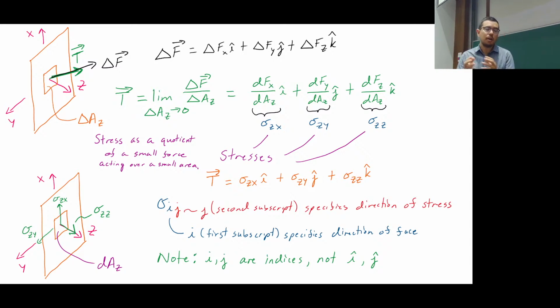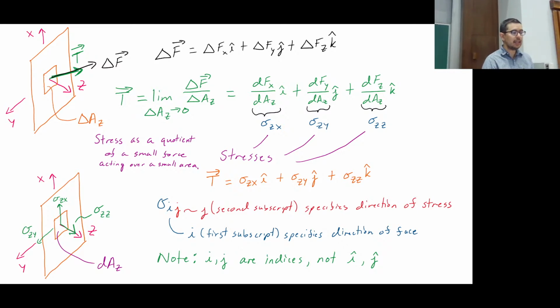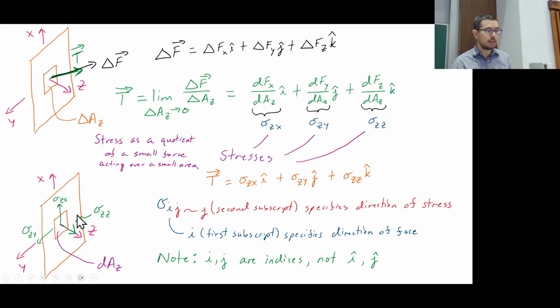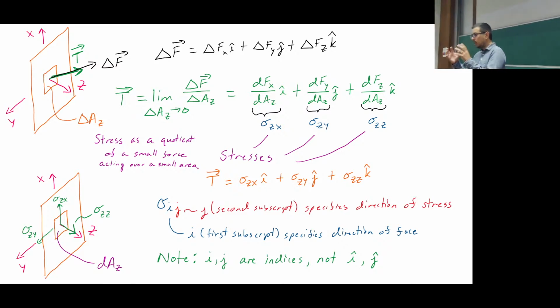In this case, we've only talked about the z face, but we can think about a cube in the material that will have an x face, a y face, and a z face. And there actually will be negative x, negative y, negative z, so a cube has 6 sides.